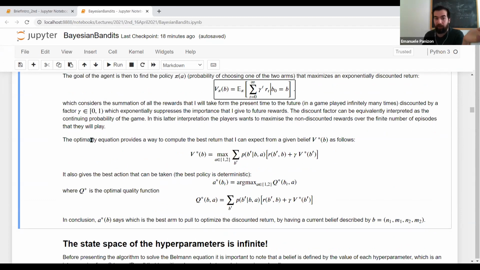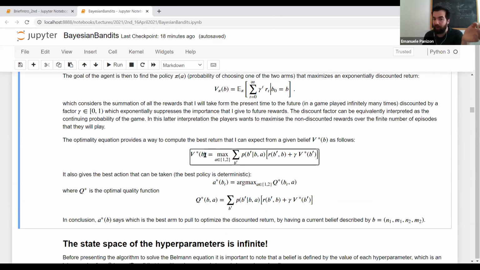The optimality equation now is that the optimal value is the one in which for each belief you take the best action, the action which maximizes the immediate reward you get plus gamma times the value of where you end up. Why is this so similar to the standard MDP?